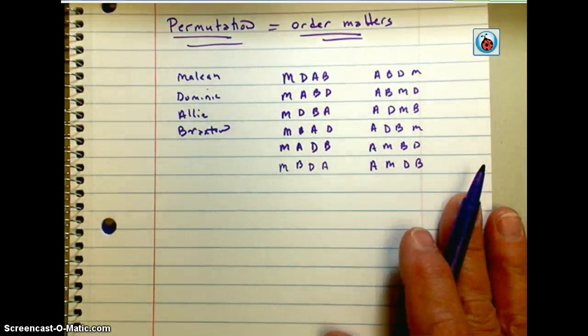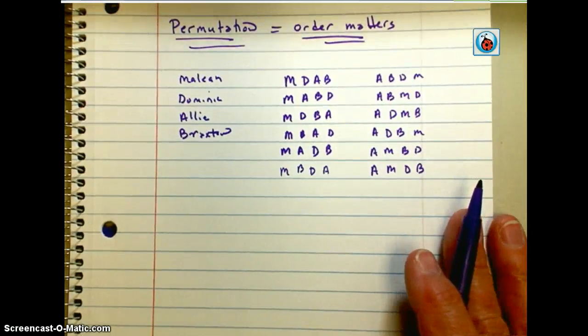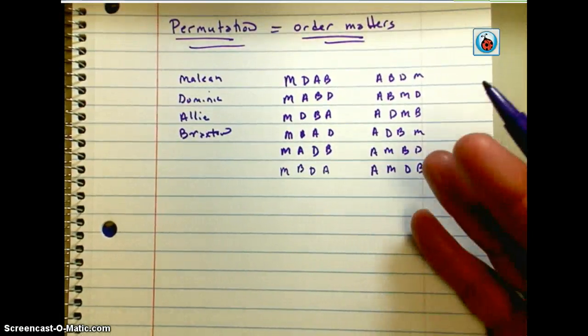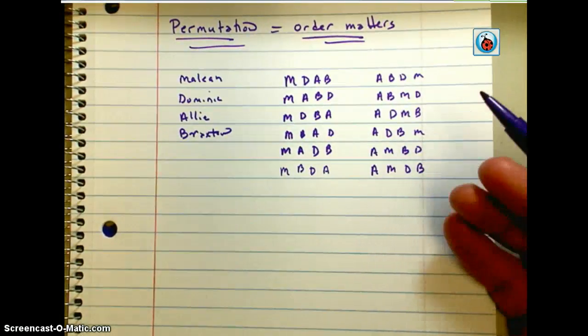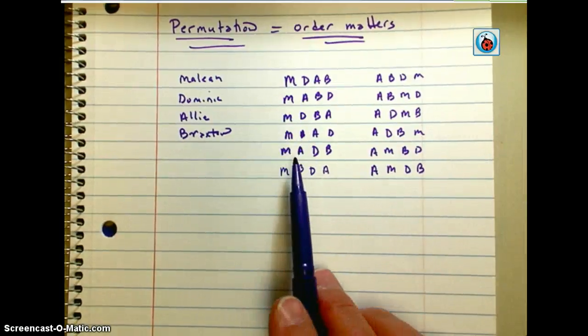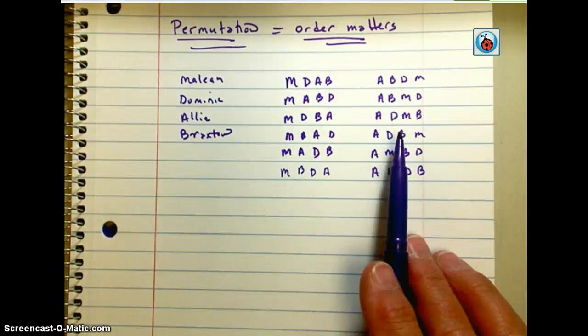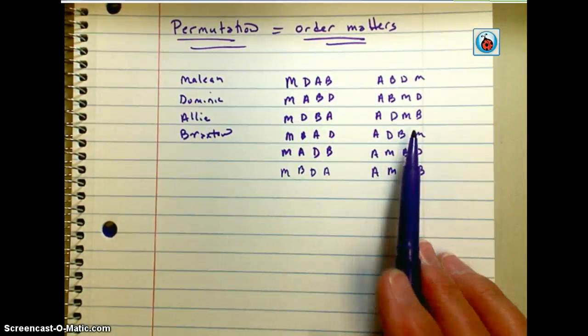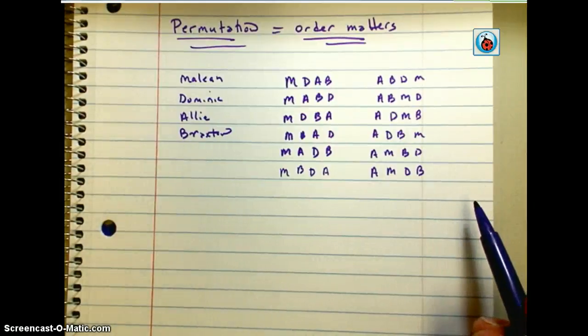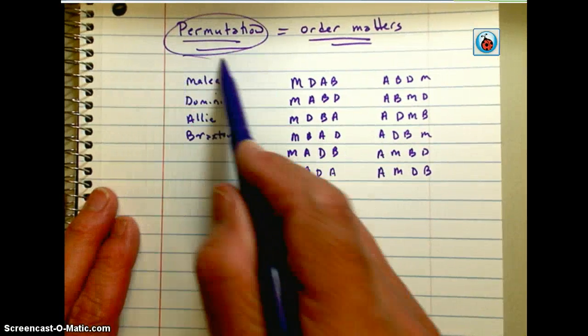These are all examples of permutations where we are lining everyone up, but the order matters. Malia got a chance to be first, Allie got a chance to be first, and we would keep doing this so Dominic and Braxton also get to be first. This is an example of a permutation.